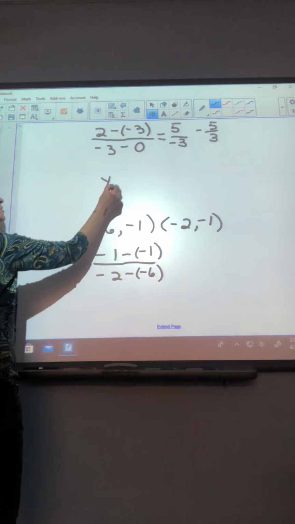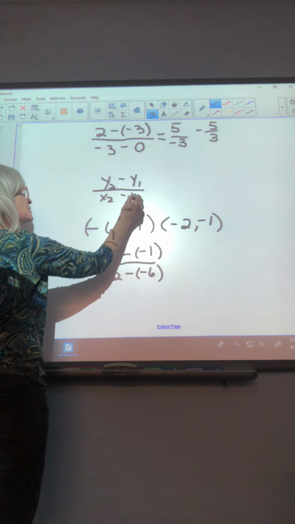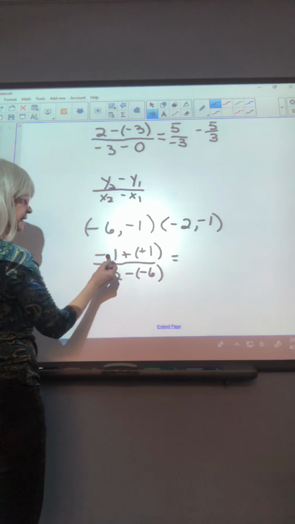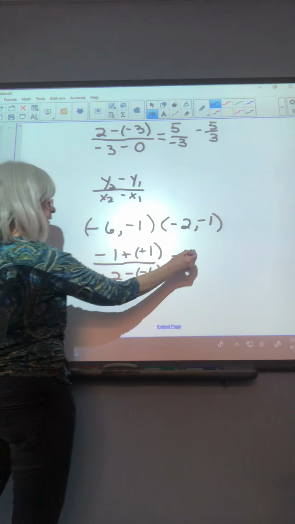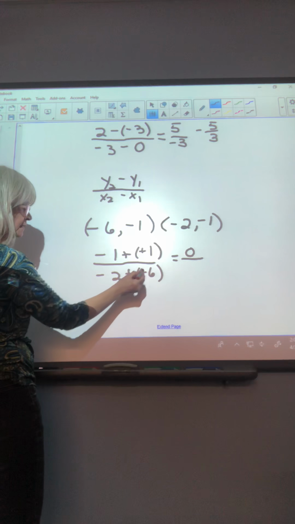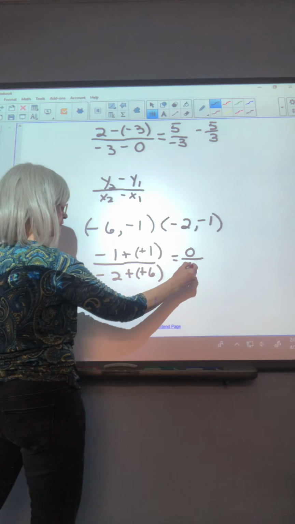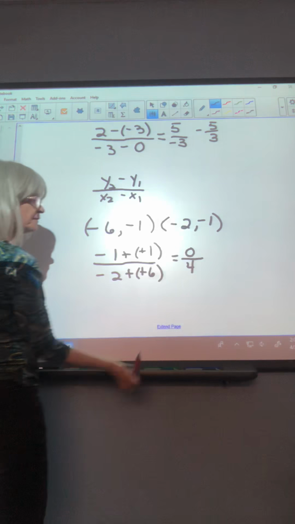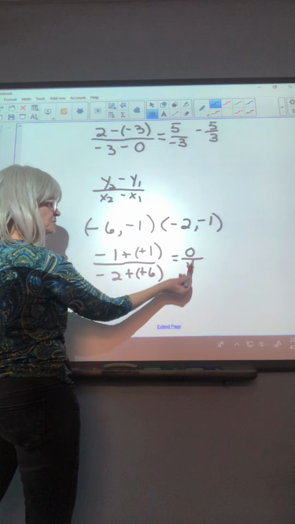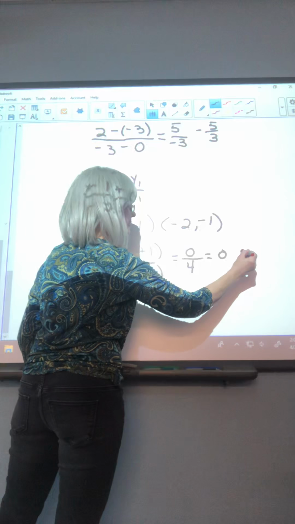Again, it's y2 minus y1 over x2 minus x1. So this would be a -1 plus 1, which gives us a 0. A -2 plus 6 then would give us 4. So you're going to have a 0 slope. Whenever you have a 0 in the numerator, 0 divided by 4 is equal to 0. So our slope here is 0.